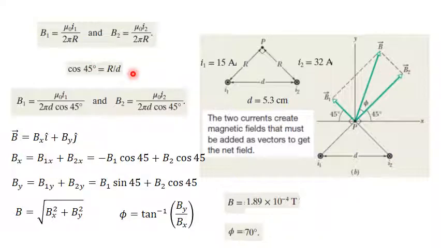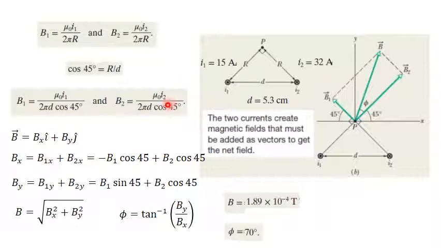So in this case, we can obtain the value of R. So B1 would be mu naught I1 over 2 pi R, with R equal to D cosine 45, and B2 is similar but with I2. Those are the values of B1 and B2.